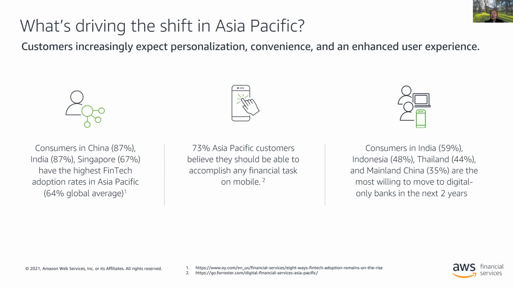And a lot of them want to have their full financial experience completely on a mobile device. These are the surveys done to the consumers in those geo regions, asking if you are considering switching to a digital-only bank in 2 years, and these are the responses, which is amazing.